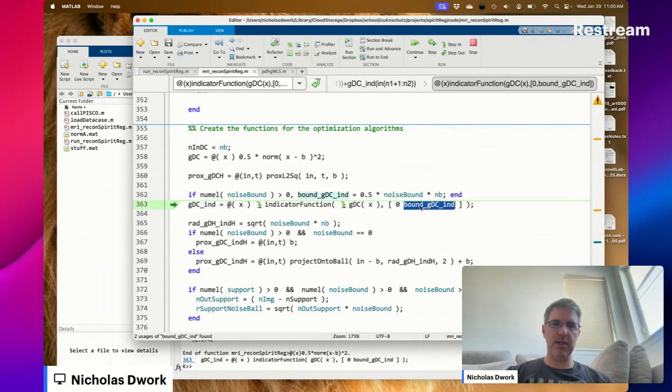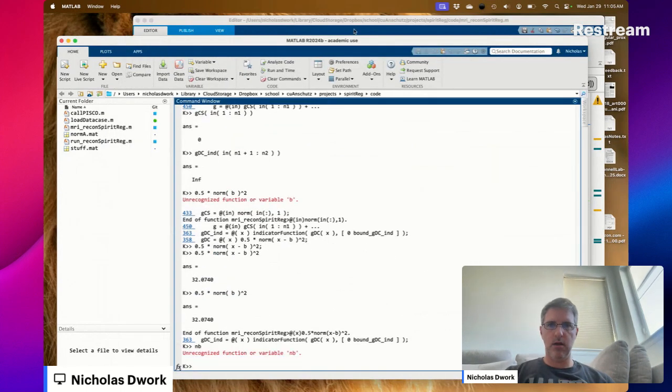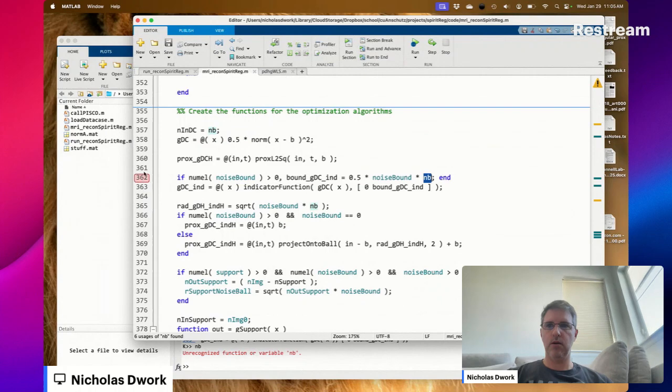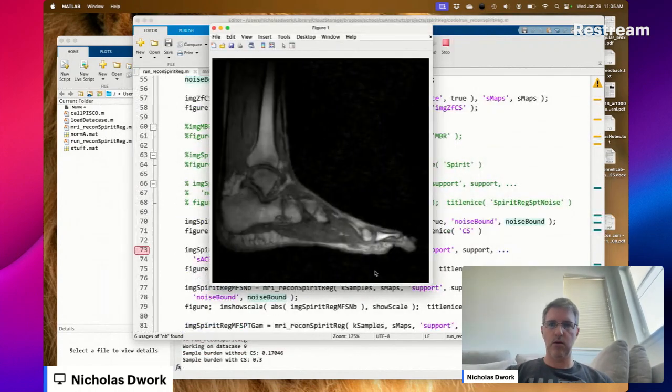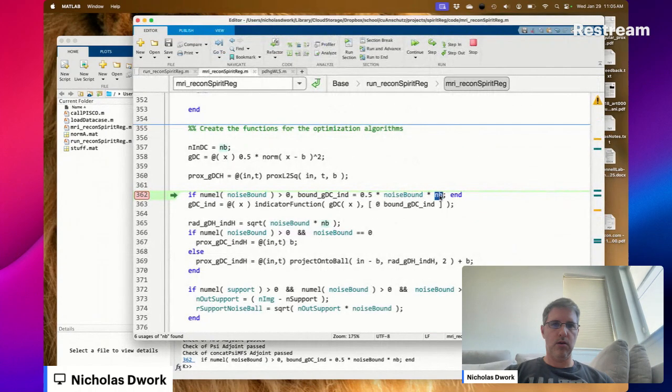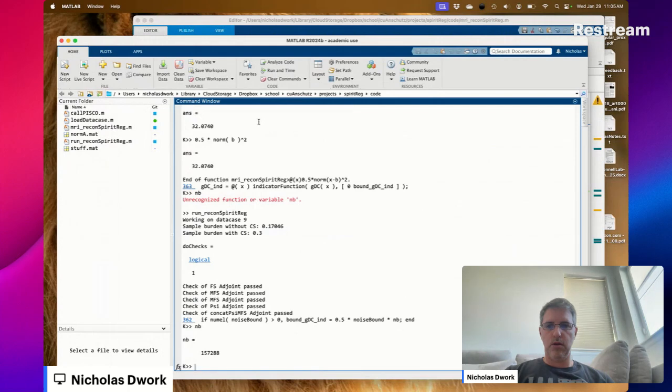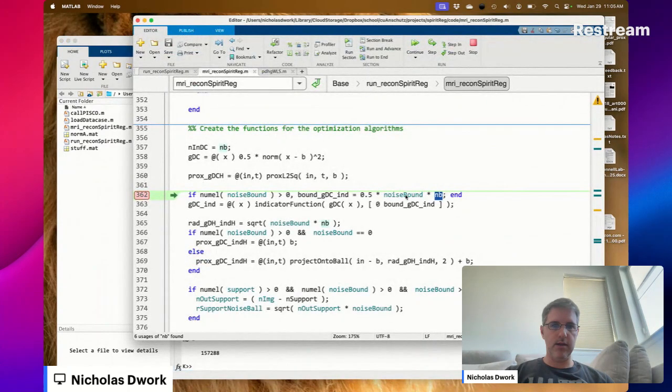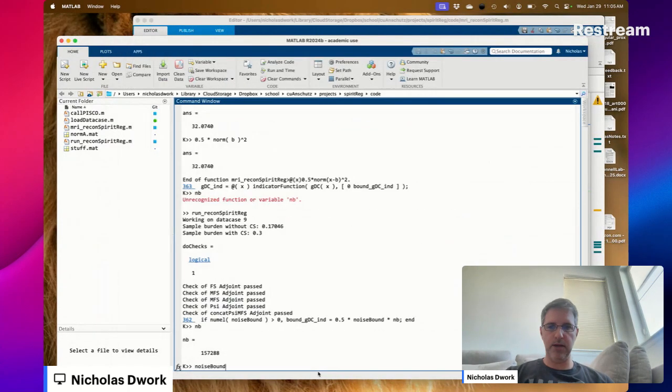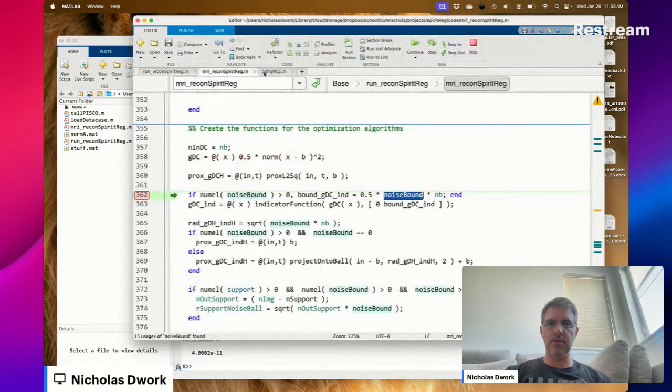This bound is 3 times 10 to the negative 6. NB is what? Very large number, 1 times 10 to the 5. Noise bound is 4 times 10 to the minus 11.